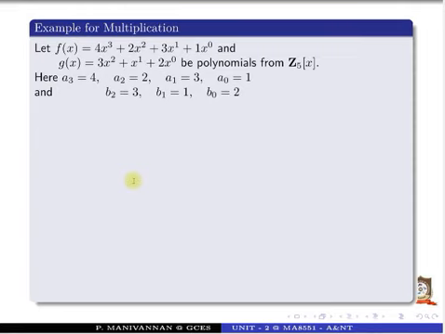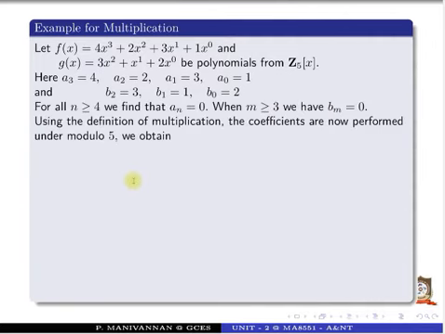Then under multiplication, what is the result? In the same problem, for all n greater than 4, we find an equal to 0, and for m greater than 4, bm equal to 0. Using the definition of multiplication, the coefficients are now formed modulo 5.